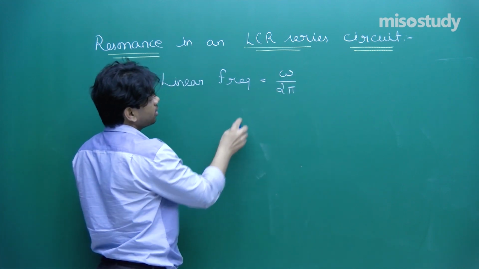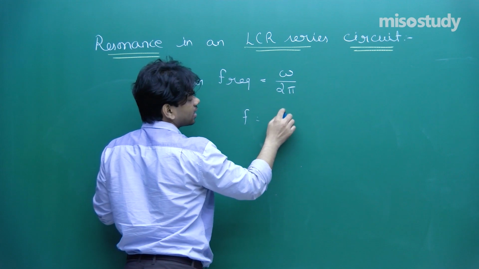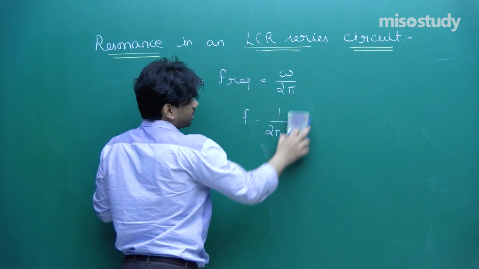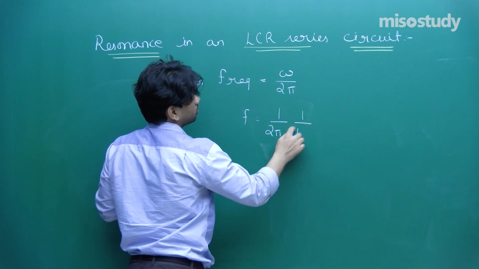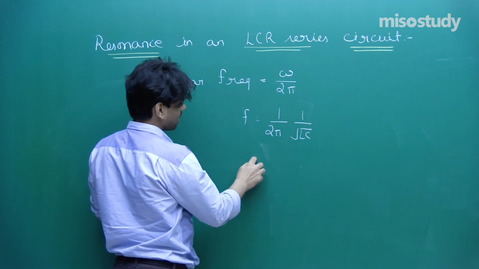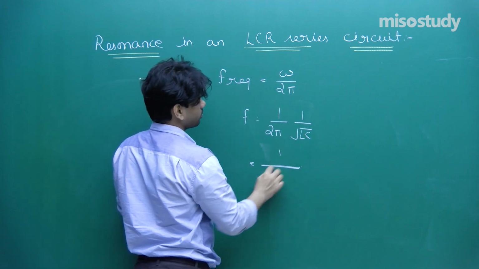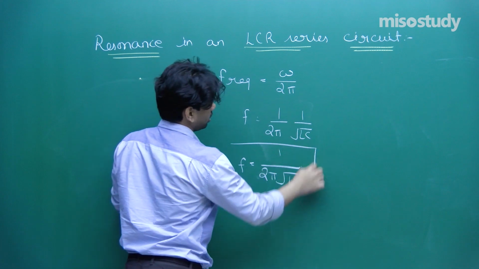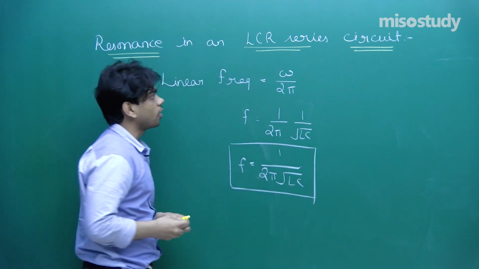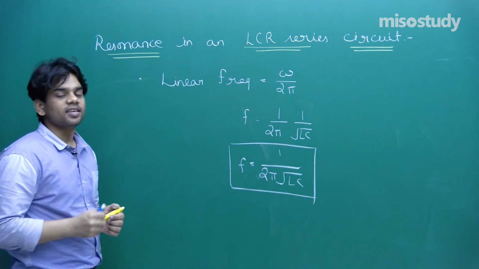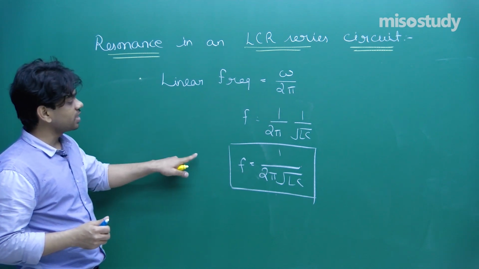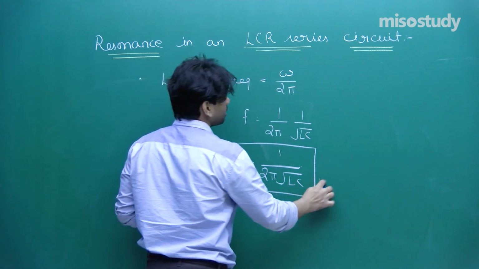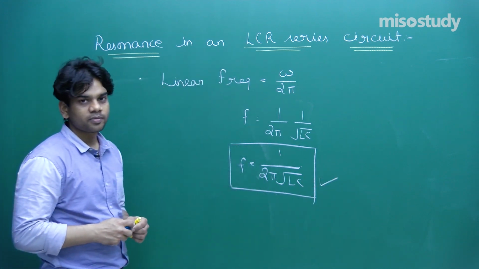So we can write f is equal to omega, that is 1 upon root LC, or we can write this as 1 upon 2 pi root LC. This is the value of linear frequency for this resonance case. That is the case of resonant frequency, that is linear frequency.